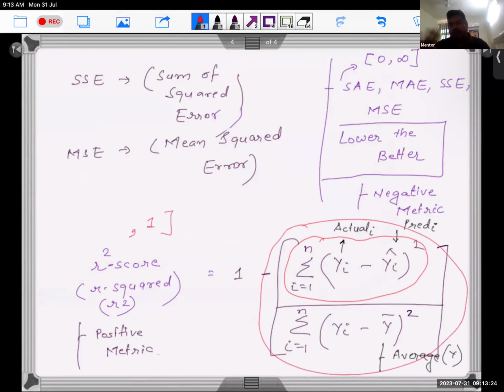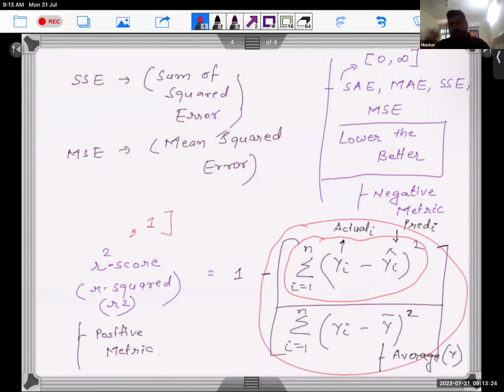If you divide this by 5, the number of samples, this is your variance, and then you take the square root of it. This is called the standard deviation. Standard deviation is nothing but the square root of your variance. And variance is the average squared deviation from the mean.